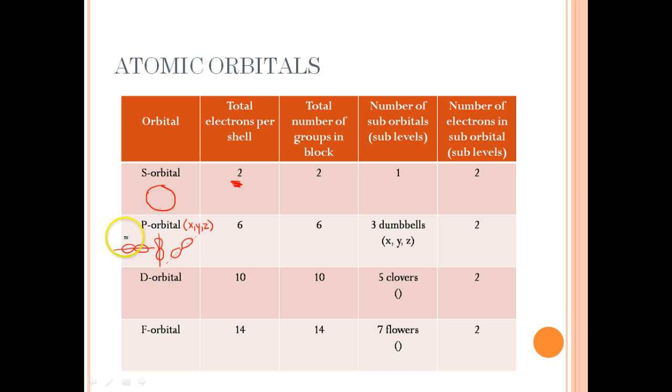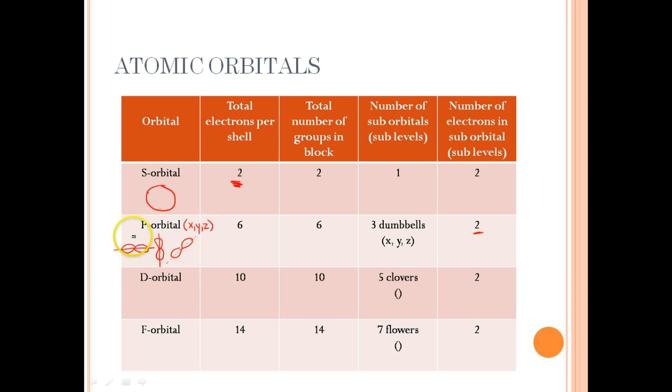Okay, this entire p orbital set can hold 6, but again, each suborbital, this would be considered one suborbital, which is the x p orbital. This is a suborbital, the y p orbital. And then this is a suborbital, which is the z suborbital. And each of them can only hold 2.